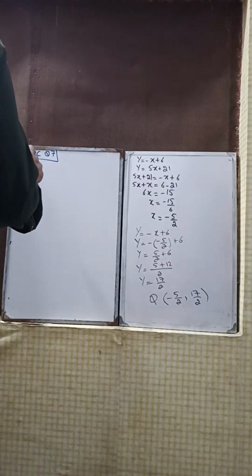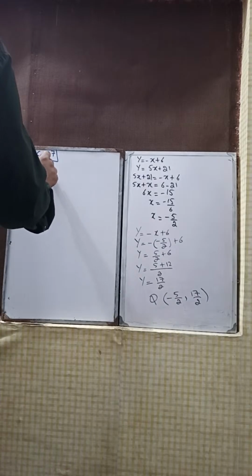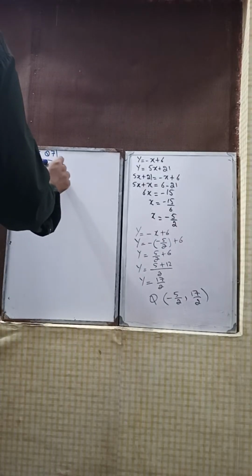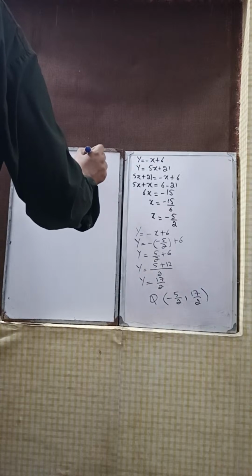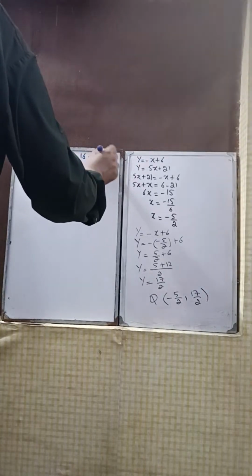The normal to the curve y equals 4 minus 2 under root x at the point 16 comma minus 4.